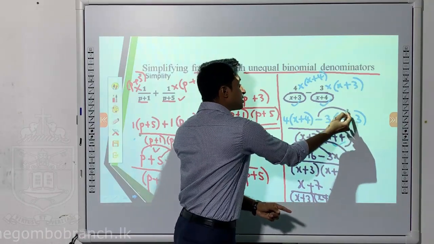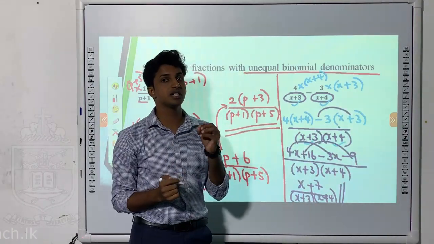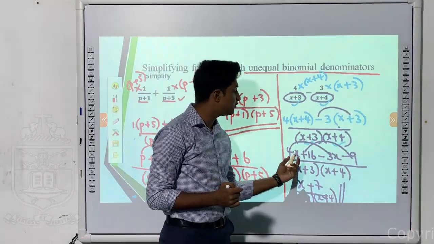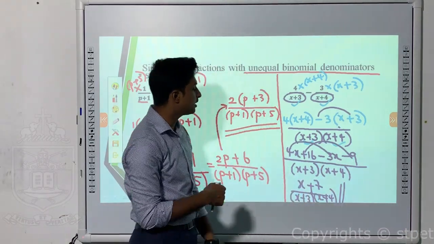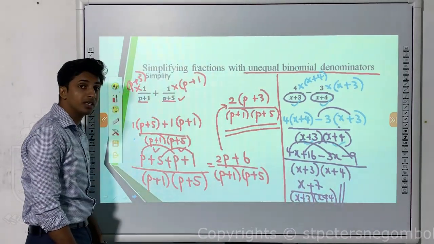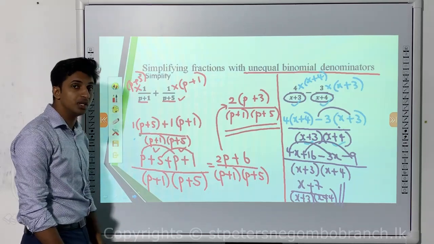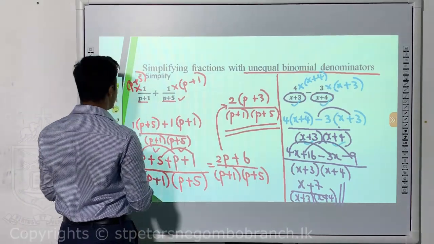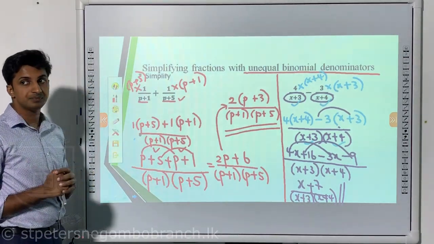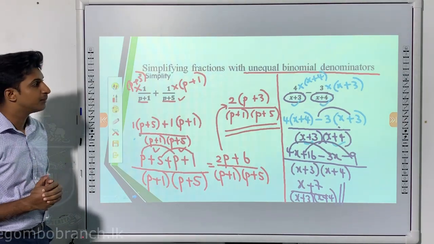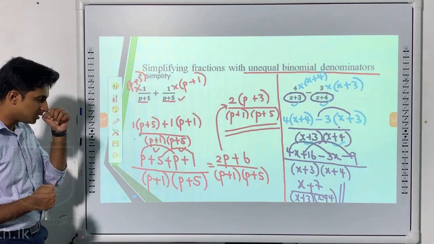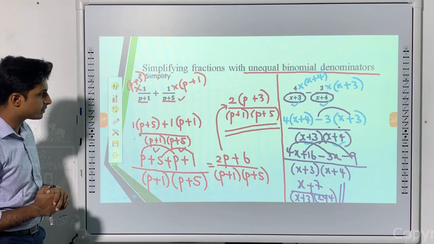See, that is why I am asking you to put the brackets, or else signs won't be changed. Then I have to simplify, and after that I will take the denominator, and then you will obtain the final answer. Right. Moving to the next part. Before that, check whether you understand this section so that I can move to the next part.